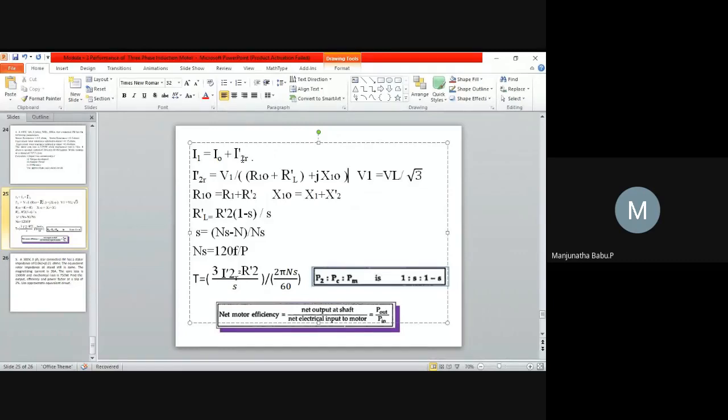Since both are minus, it will be minus only. So we'll be getting current I1 is equal to 50.295 minus J 27.9. Are you getting? 1 second, sir. So 50.29 minus 27.89 J.